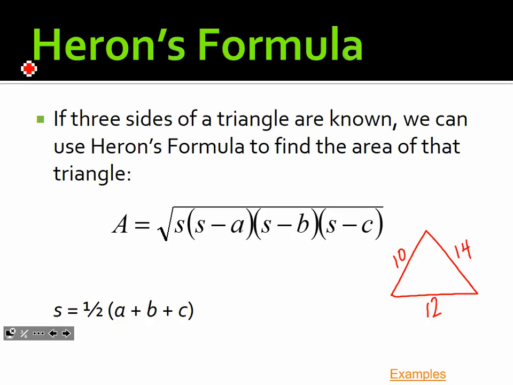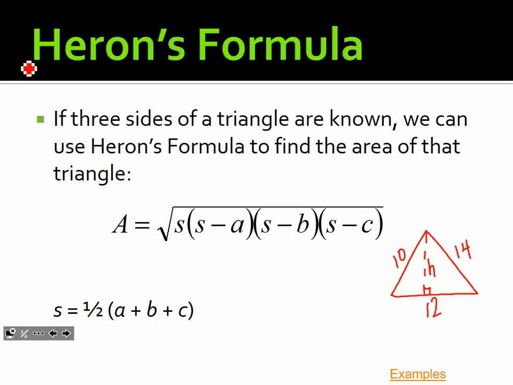When we try to find the area of a triangle, we need the base, which we'll call 12 in this case, but we're also going to need the height. And we can't find that. We don't have any method of finding the height of that triangle.